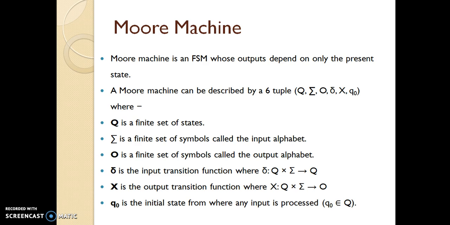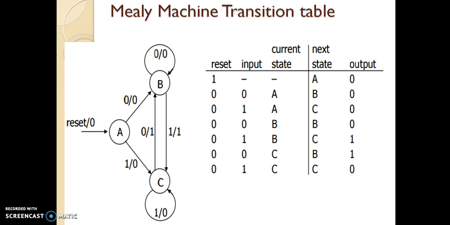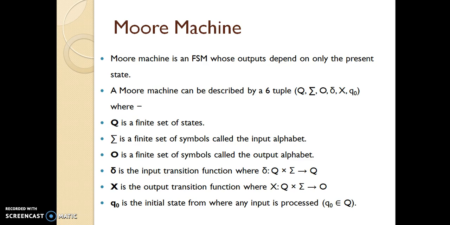Next type of finite state machine with output is called Moore machine. Mealy machine output depends on present state as well as present input, whereas Moore machine output depends on only the present state.